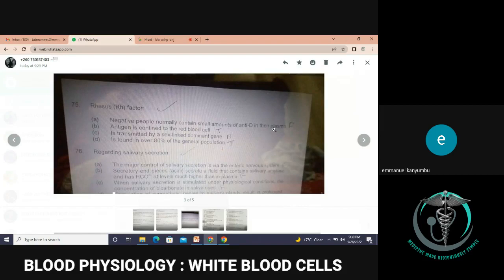So for B, someone read B and tell us what they think. B is saying antigen is confined to the red blood cell. I think that's not true because we can have antigens in the body fluids and also in the epithelium.